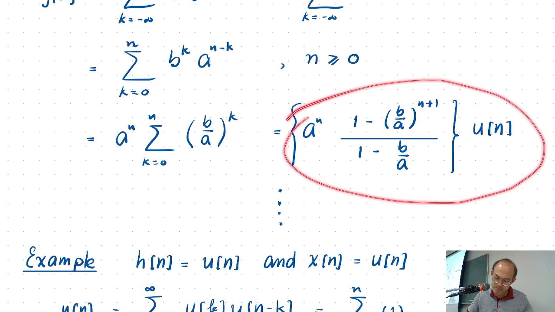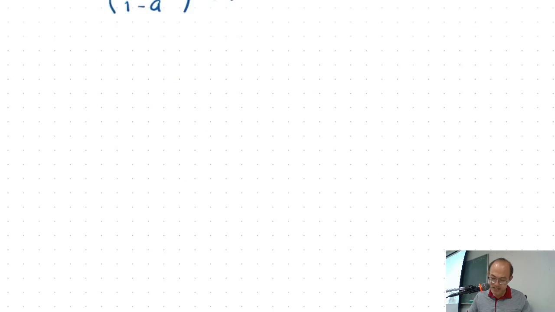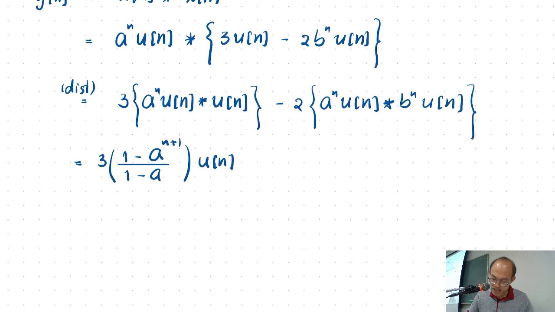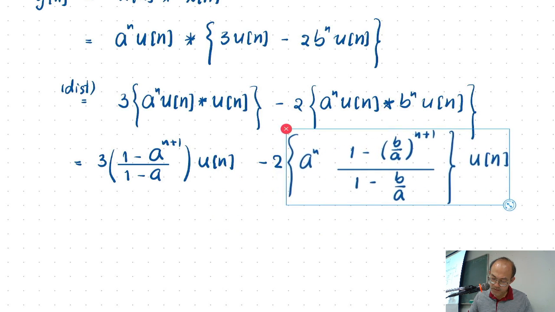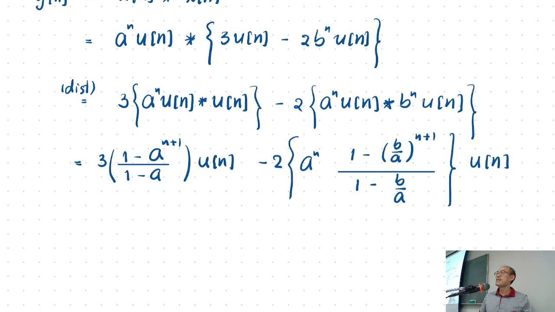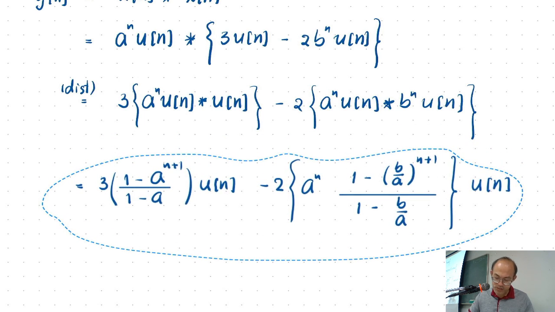This is the second term, and I'm just going to copy it and put it here. But don't forget the minus 2. All right, and then I think you can do the rest. So I'm going to leave it open and ask you to do the rest for me.